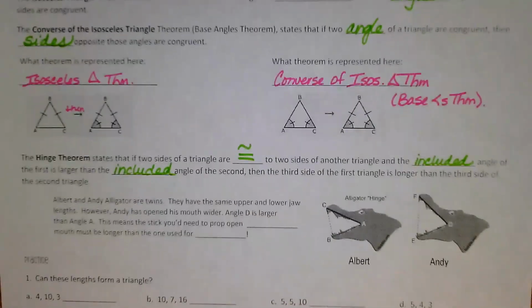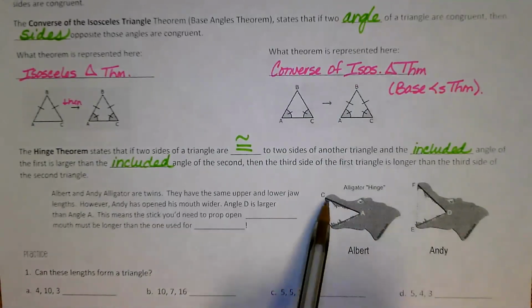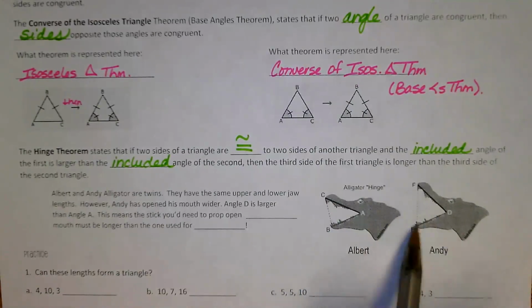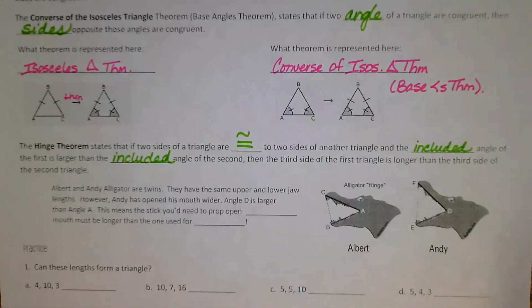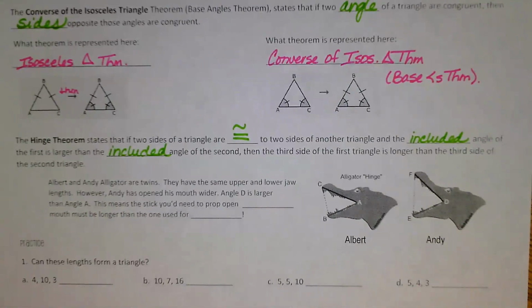Albert and Andy Alligator are twins. They have the same upper and lower jaw measures. I know you can't see that in my original picture. They were red and blue, which is not helpful. Okay, however, Andy has his mouth open wider.